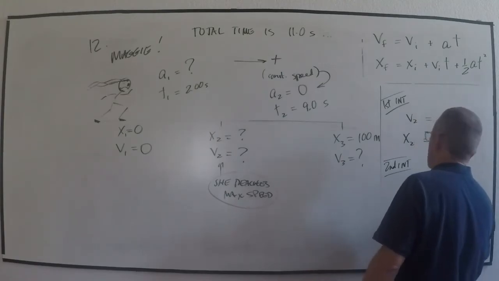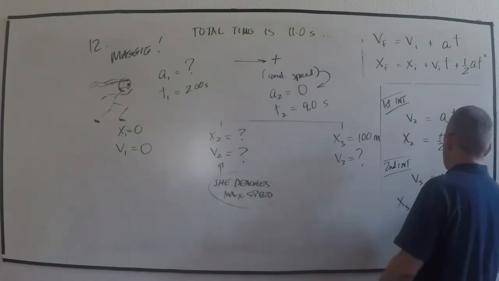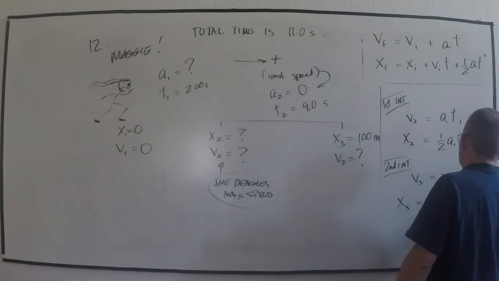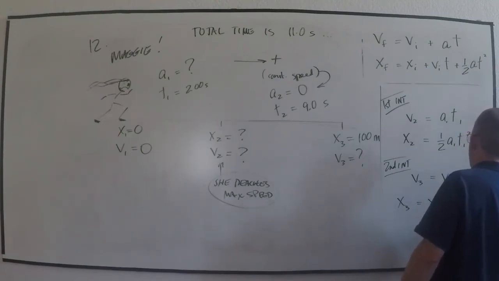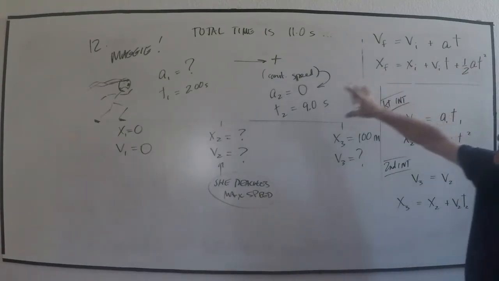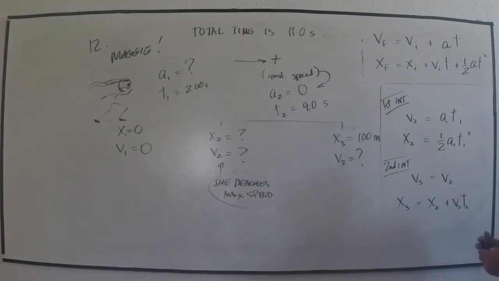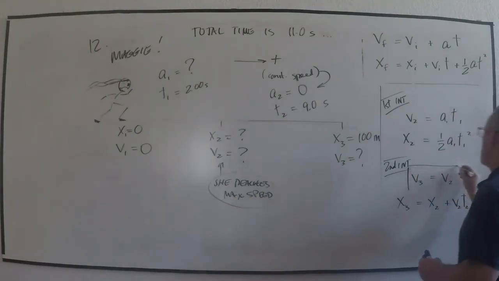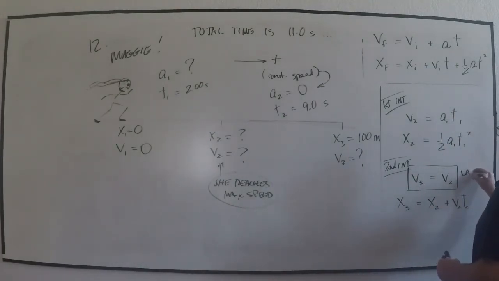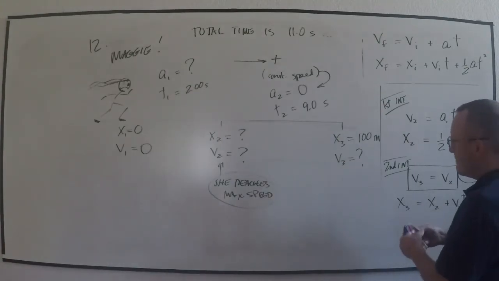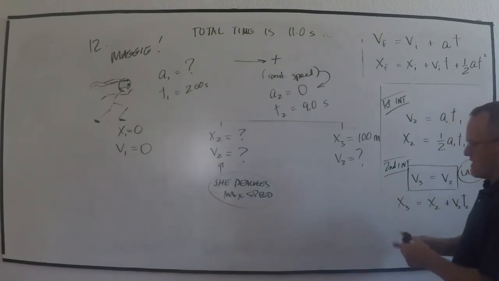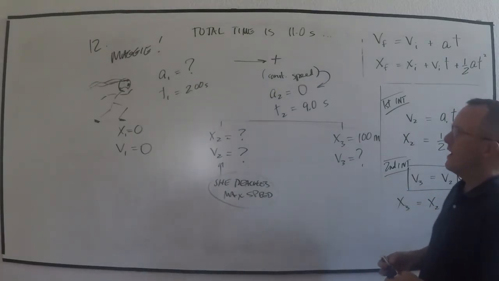X3 equals X2 plus V2T2 plus 0 because the acceleration is 0. So this one, we are going to save that for later because it's the only place where V3 appears. What are your other unknowns?